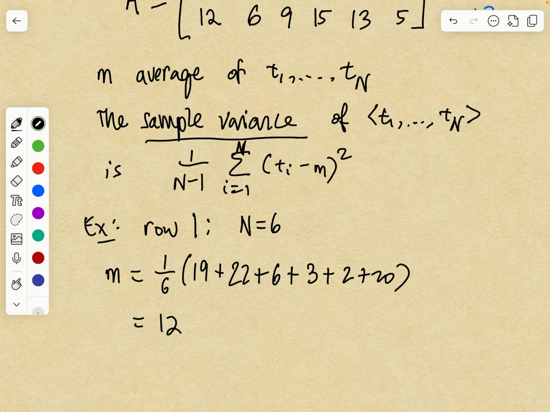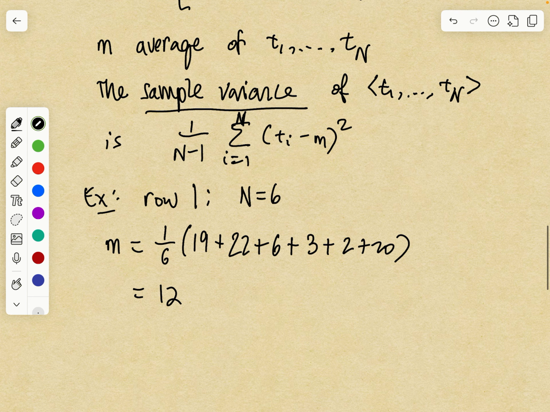So the mean is 12. And what I can do is think of the sample variance as 1 over n minus 1 times the dot product of the vector t1 minus m, through tn minus m, with itself.